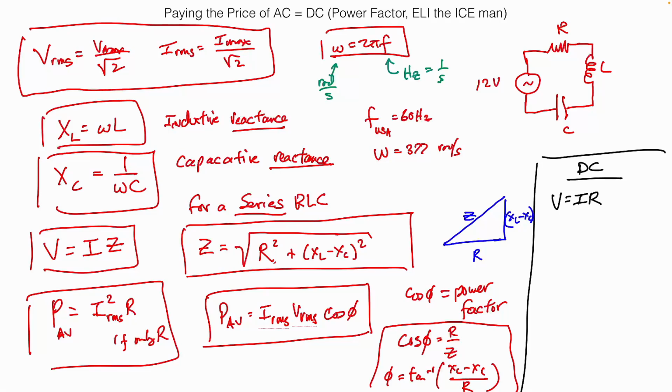So how does that work? The EMF, the E, in Eli, okay? The voltage in the inductor is ahead of the current in the circuit, right? So the phasor picture I get in my head is where you have the voltage through the resistor, and then you have the voltage through the inductor, and then you have the voltage through the capacitor, okay?